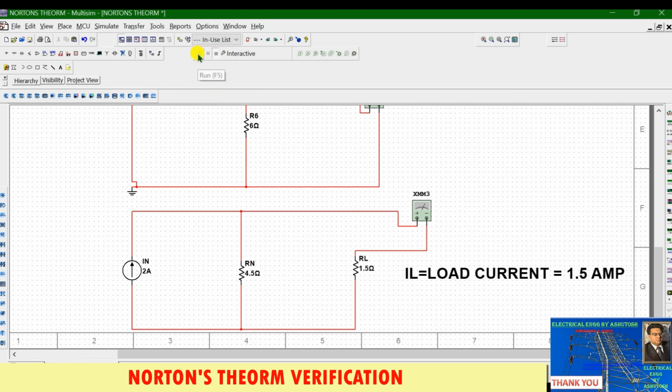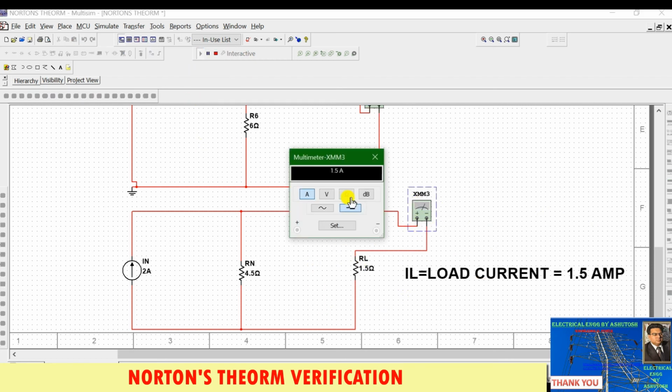You can click on the run button. We have to find out the load current, so we have connected a multimeter working as an ammeter in series with this load resistance, and whenever you click on this run button, it will tell you the load current 1.5 ampere. So basically it verifies the Norton's theorem.